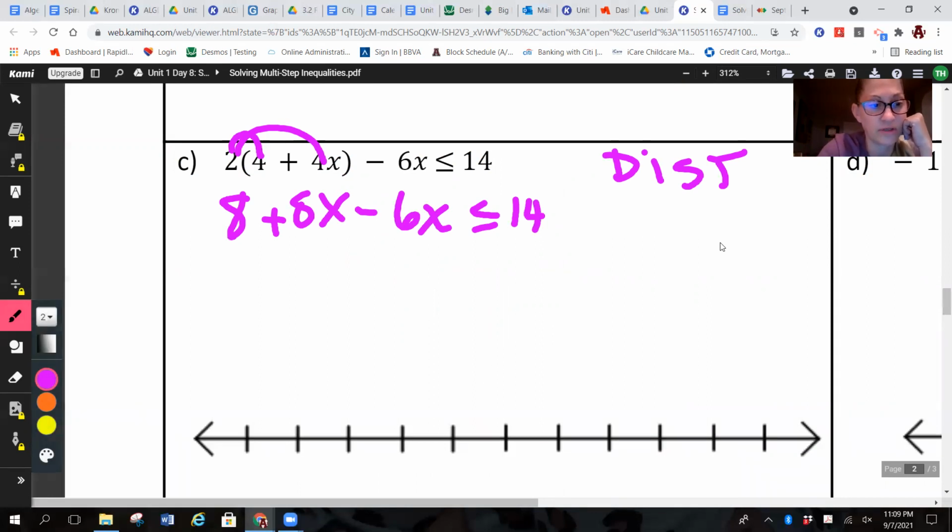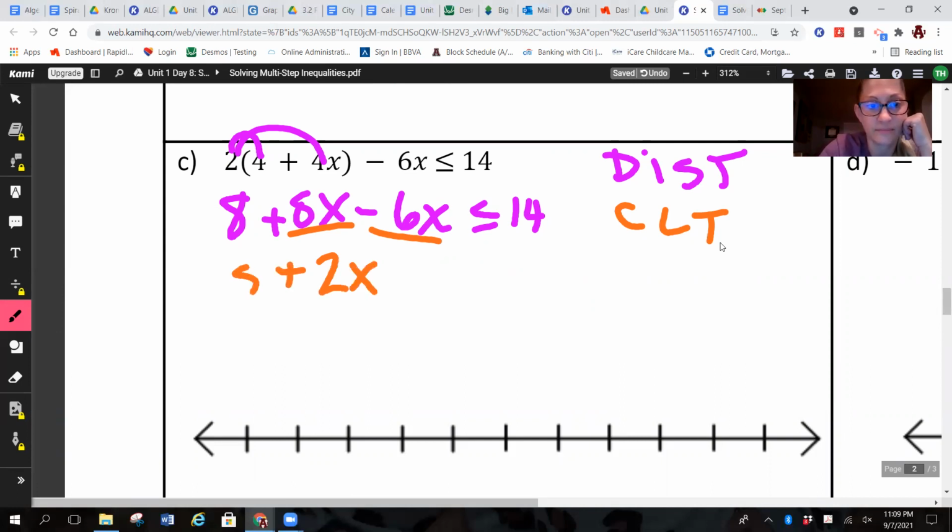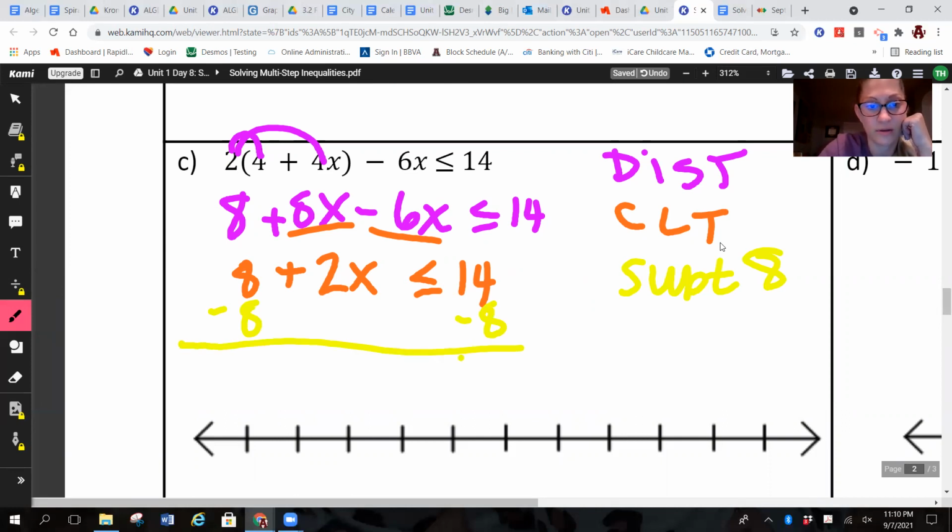All right, so after we distribute, we're going to combine like terms on the same side. 8x's minus 6x's makes 2x's. Now I'm going to subtract 8 to both sides. That would make 2x is less than or equal to 6.